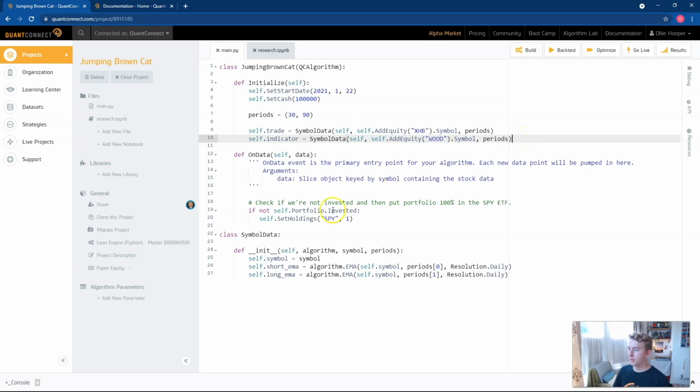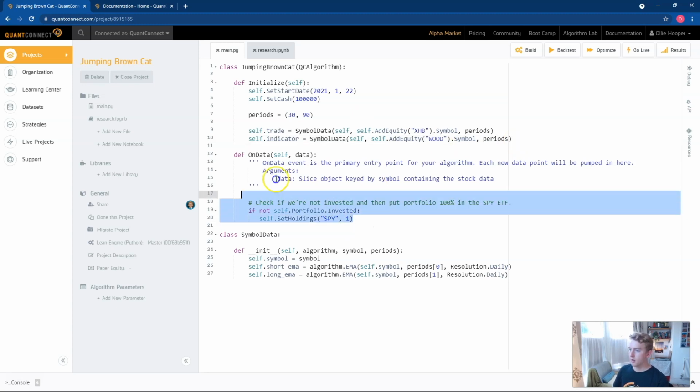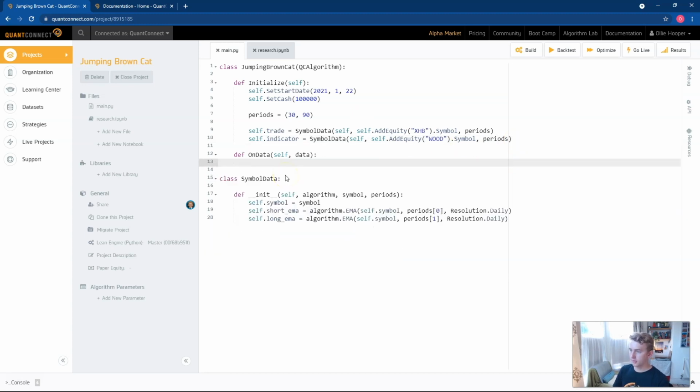Okay, let's move into our OnData function here. So we can get rid of this. And the first thing that we want to check is that our indicators are actually ready to be used. So to do that, we can actually create a method for our SymbolData that checks that both of the indicators are ready at the same time. So let's create an isReady function here.